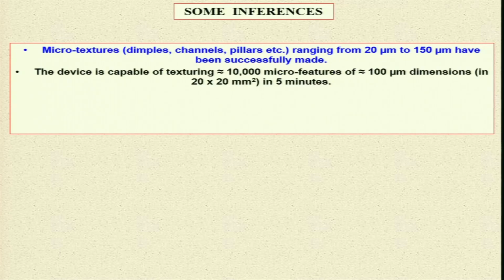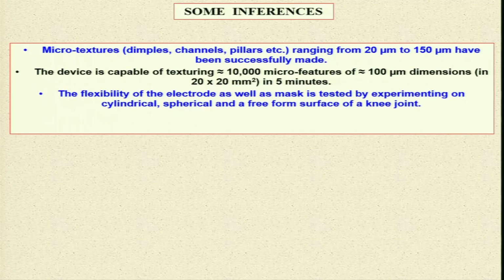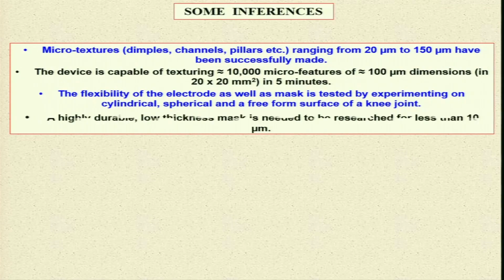The device is capable of texturing approximately 10,000 micro features of approximately 100 micrometer dimension in 5 minutes, which is quite large. So, the flexibility of the electrode as well as the mask is tested by experimenting on cylindrical, spherical and a free-form surface of a knee joint.